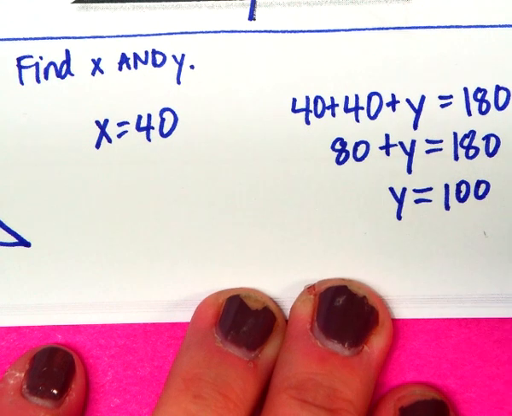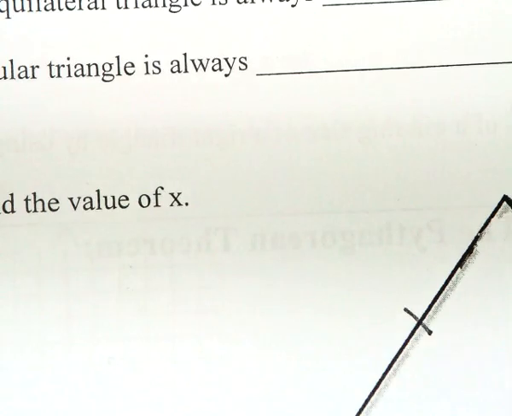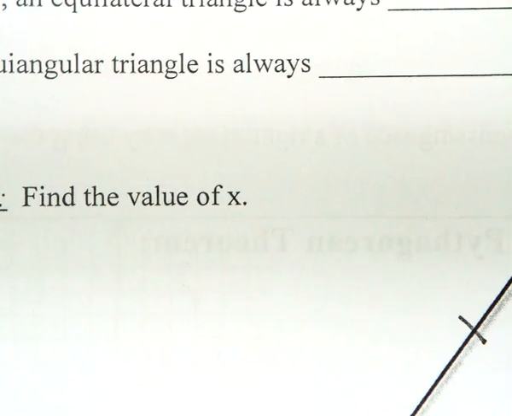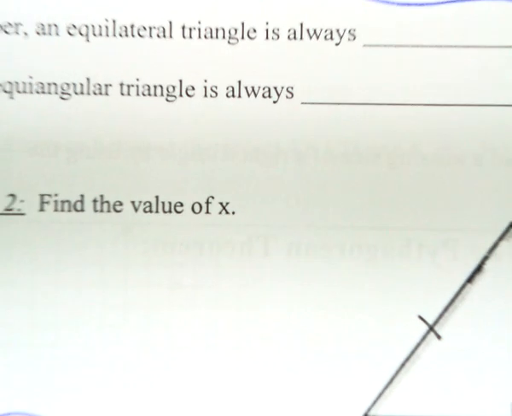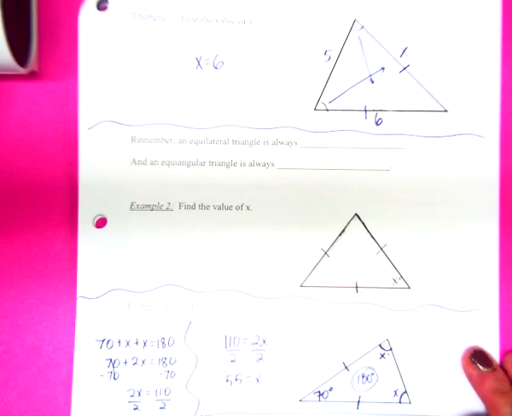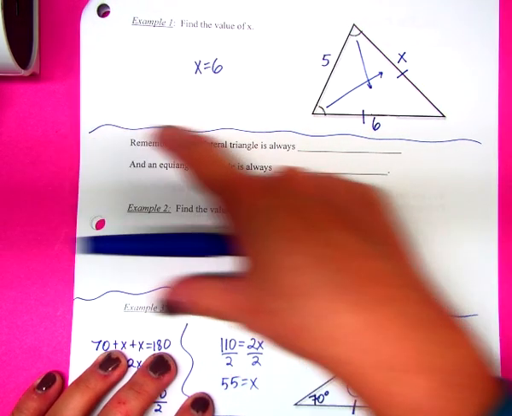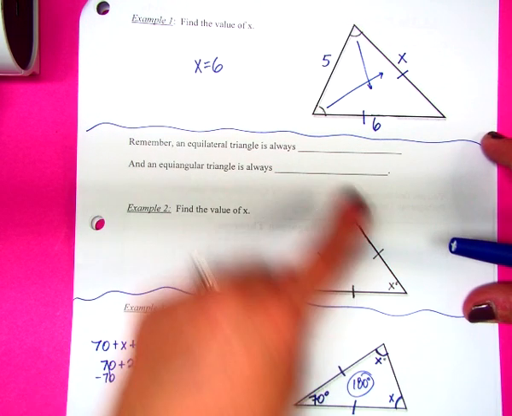All right, now we can go up here. These examples kind of go together in the middle of the page. If you go up just under the diagram, I sectioned off this piece right here. This information goes along with this diagram.